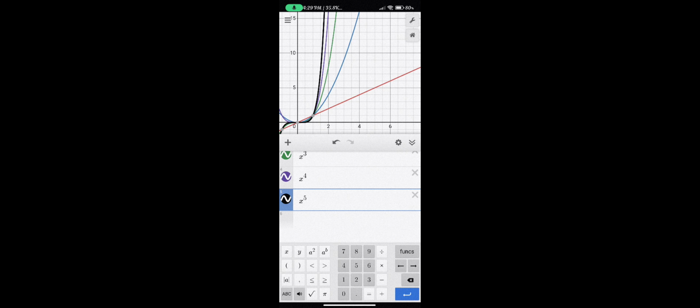So this is the graph of x, then x square, then x cube, then x to the power 4, x to the power 5, and x to the power 6. What you can observe here is that the line is trying to shift inside, correct?